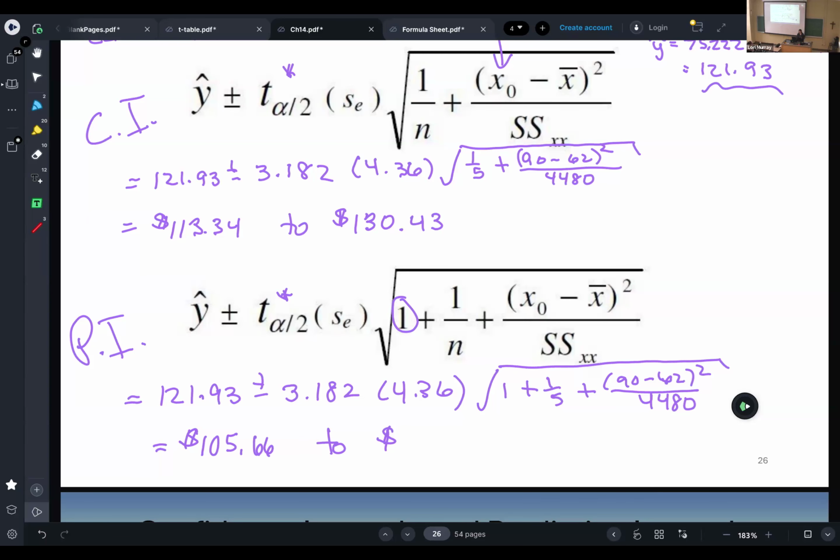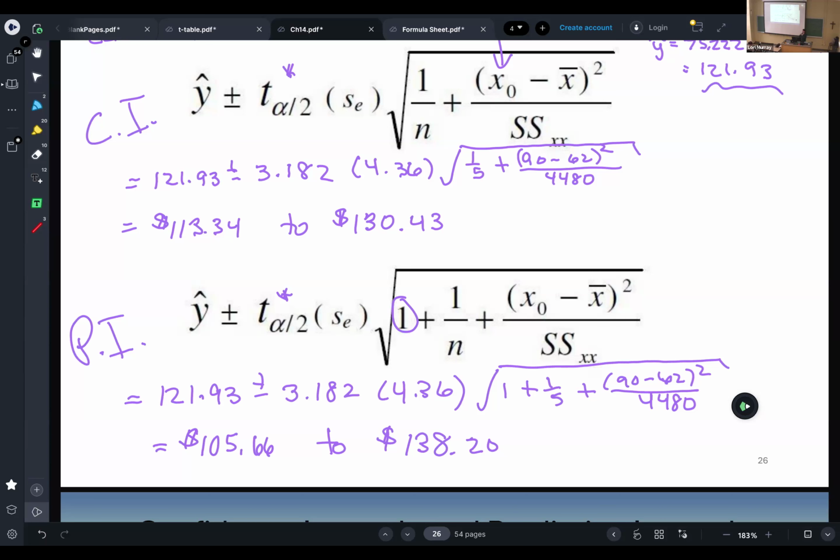I'm going to do that one more time here. 121.93 plus 3.182 times 4.36 times the square root of 1 plus 1/5 plus (90 subtract 62) squared divided by 4480. Close the bracket, there we go. I get the same as what I got in my lecture, 138 point something.